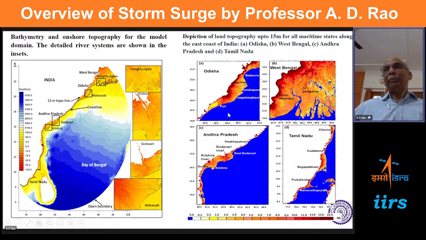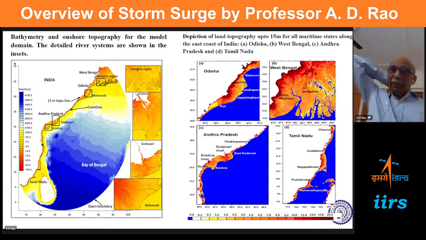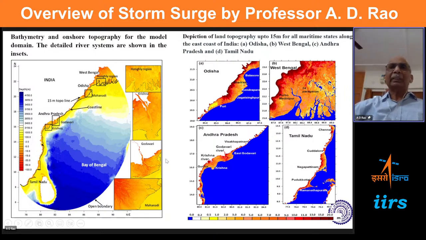Land topography is very important for calculating the inundation. I don't want to go into the details, but we have taken the SRTM data and land topography data. These are the river systems which are considered, so the model considers all the features.